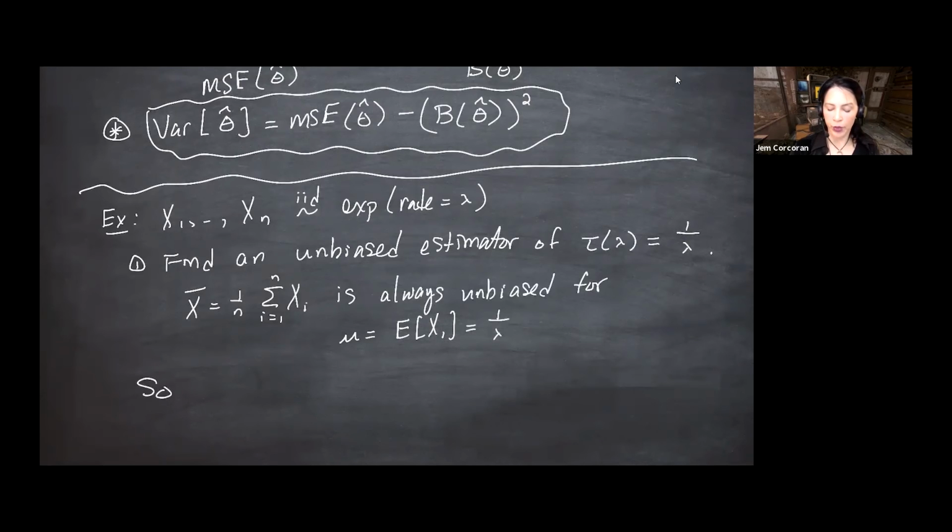So we can take as our estimator for tau of lambda, x bar. We've got now an unbiased estimator of 1 over lambda. I think you're probably more interested in lambda, and we're getting there, but no work at all if you recall that x bar is always unbiased for the mean.